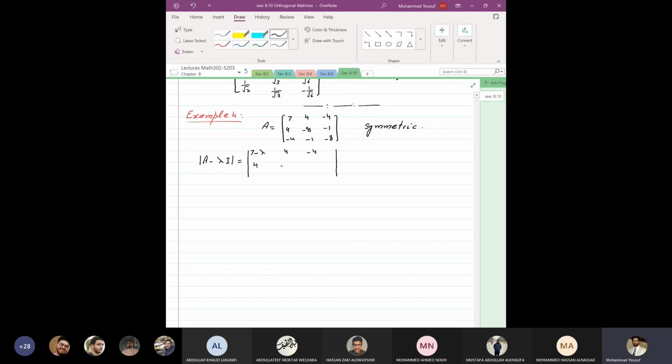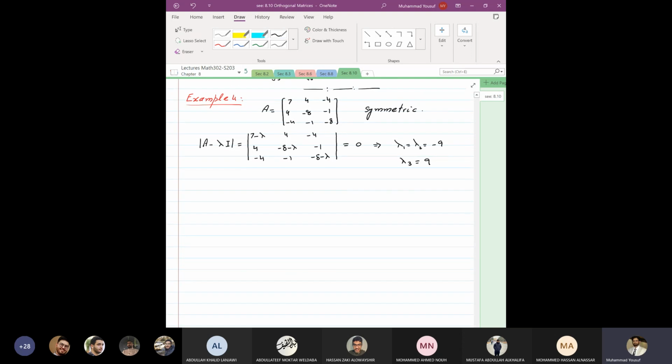Then 4 here, negative 8 minus lambda, negative 1 here, negative 4, negative 1, negative 8 minus lambda. Let me save time. You can solve this and we'll get lambda 1 equal to lambda 2 equal to negative 9 and lambda 3 equal to positive 9. I'm not doing this in order to save time to explain more things.